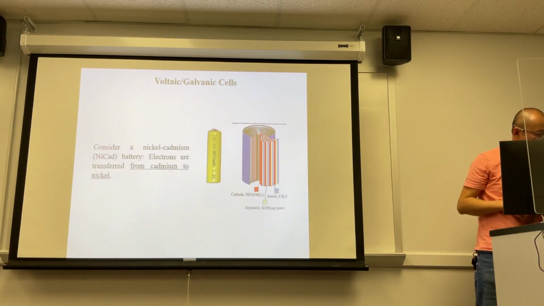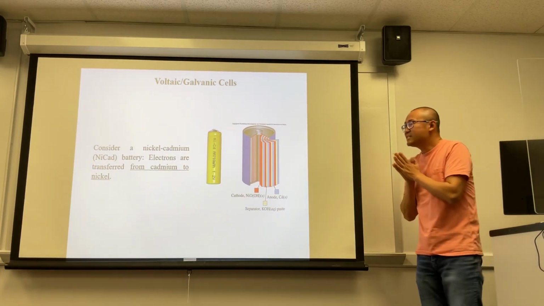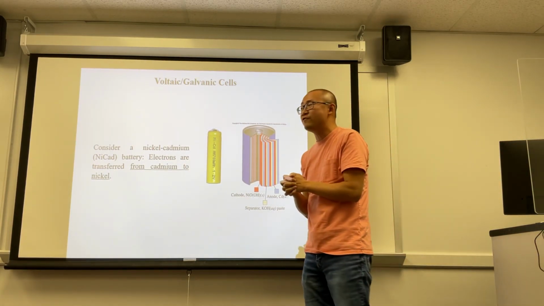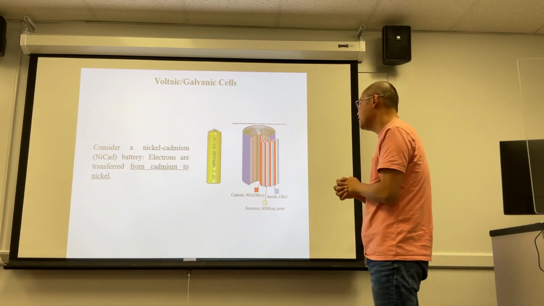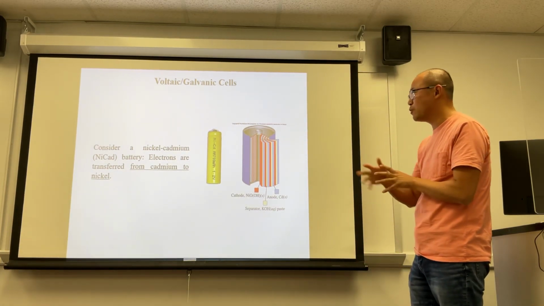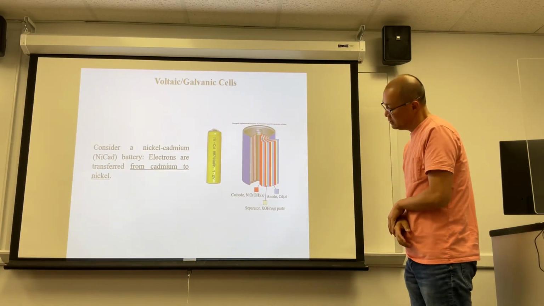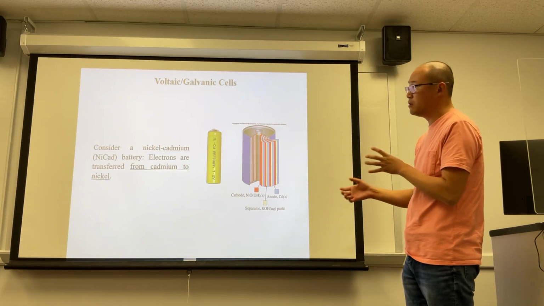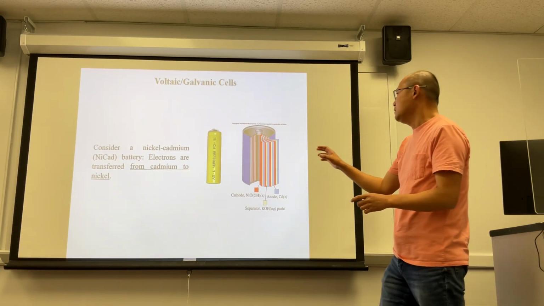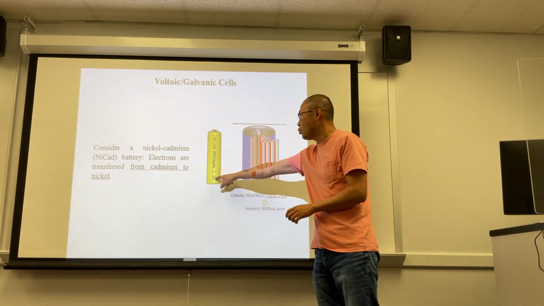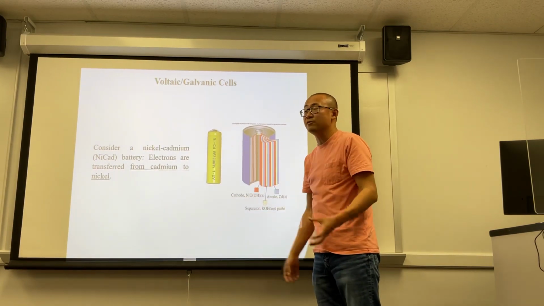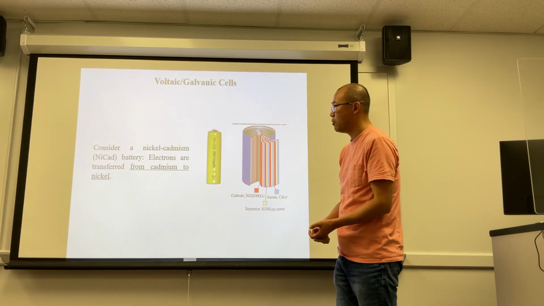All right, now let's take a look at the battery we saw at the very start of this class, the nickel-cadmium battery. You will call it the NiCad battery. Like I said, the NiCad battery is made of nickel-cadmium cells. This is one of the cells, wired up together to give you a battery, like in your small power tool.